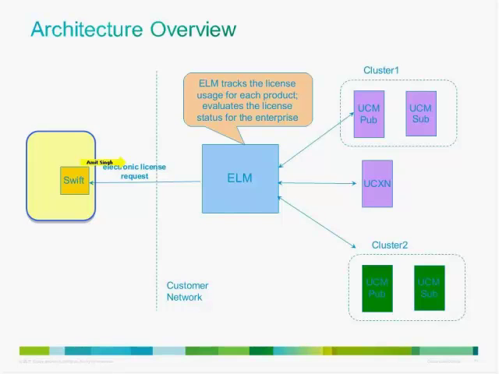Right now it's a brief idea that we have ELM sitting in between. On one side we have the cluster. It can be a Unity Connection as well. It can be Call Manager. They request ELM for their licenses, and ELM can get these licenses either through a manual fulfillment or an electronic fulfillment, which we will cover in detail.